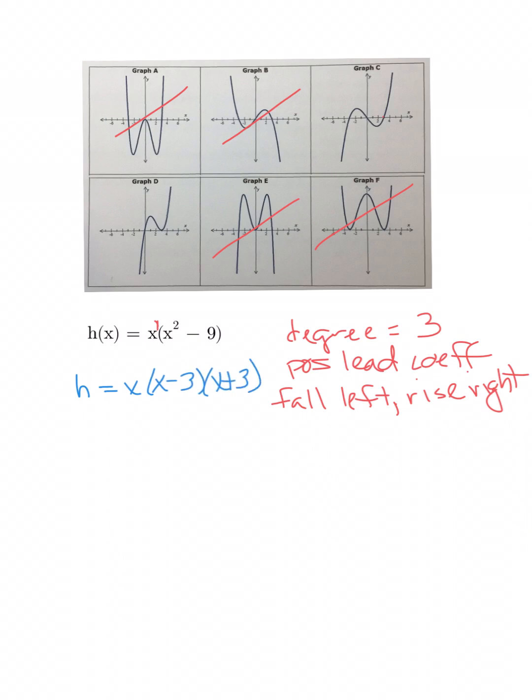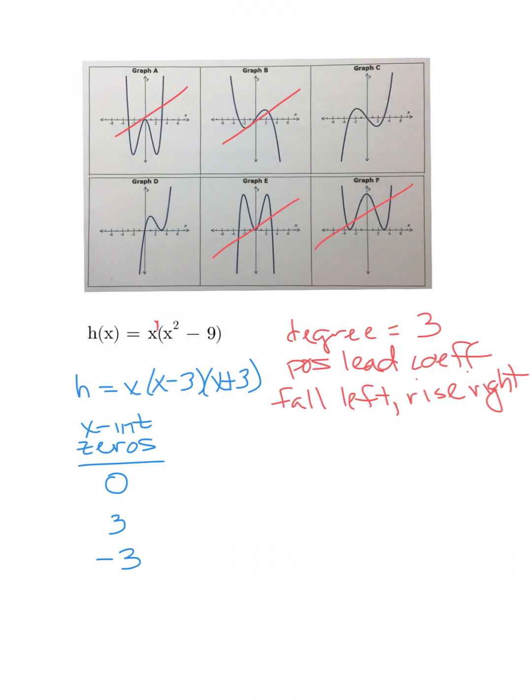This means that our zeros, or our x-intercepts, they are the same thing, happen from the x out front. That would give us an x-intercept of 0. From the first quantity, we would get an x-intercept of +3. From the second quantity, we would get an x-intercept of -3.